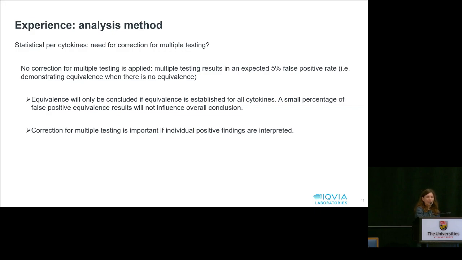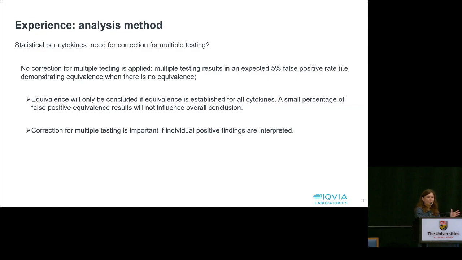So with multiple testing, you have a risk that a small percentage of your outcomes are false positive, so 5% if you use the default alpha level. And we will never conclude equivalence if only a very small percentage of our cytokines actually show an equivalent result. So that's the reason why we don't need the correction for multiple testing, because we will not interpret individual positive results.